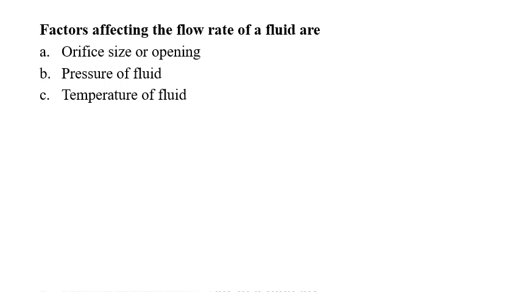As pressure changes, it directly affects the fluid flow. And as temperature varies, it directly affects the viscosity of the fluid. So as viscosity varies, it directly affects the problems associated with the flow rate of the fluid.